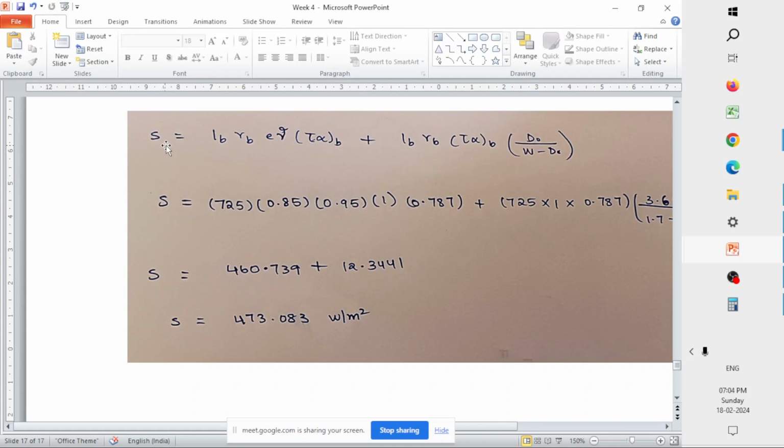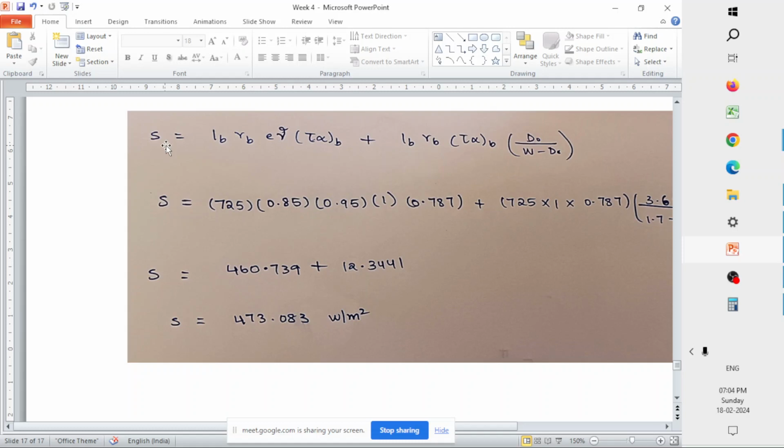IB is your intensity of the instantaneous beam radiation. RB is nothing but the tilt factor for your beam radiation. Rho is specular reflectivity. Gamma is your intercept factor, that is the amount of radiation that gets reflected towards the receiver relative to the radiation incident onto your collector.